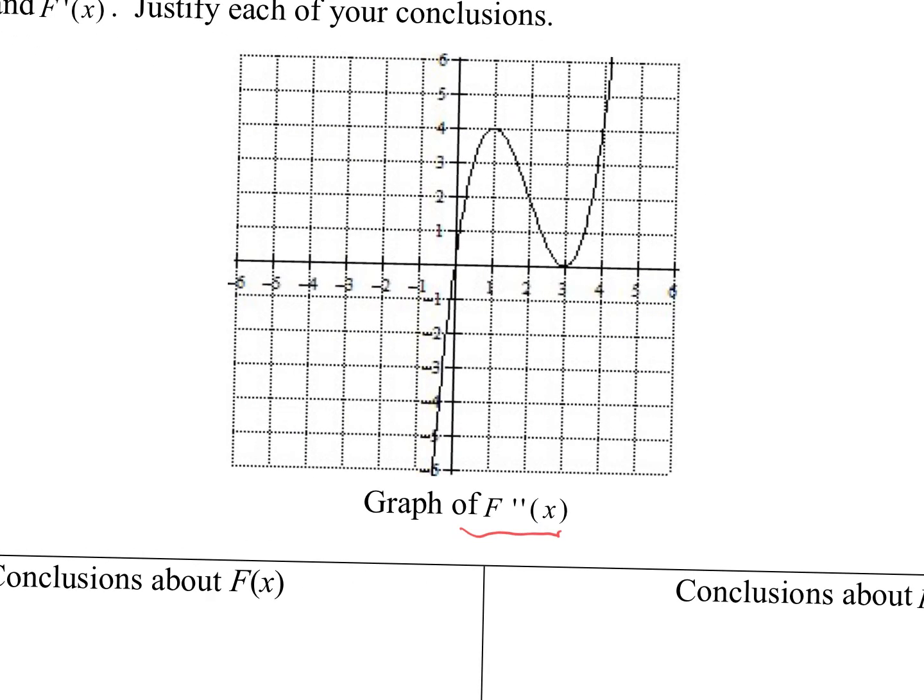And let's just, before I even write anything, what do these values mean for the second derivative? What do they mean about the function? That's where your second derivative is equal to 0.